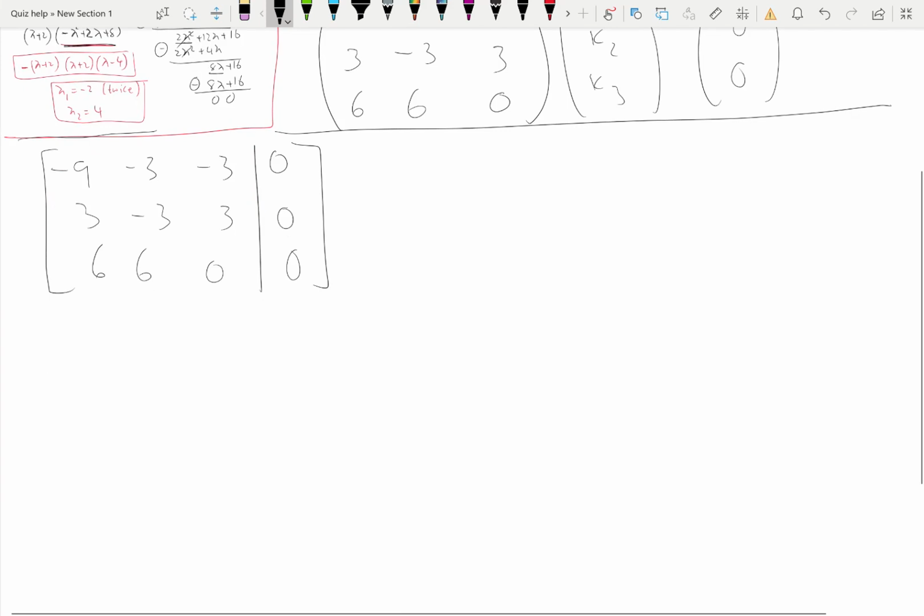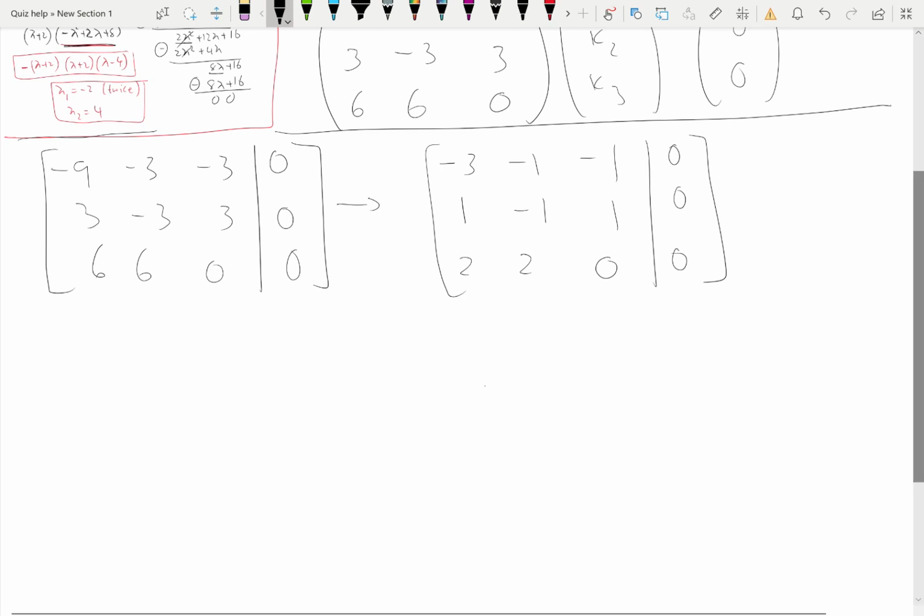If you further notice that all the numbers are multiples of 3, you can pull out a 3 from here. So let's divide the whole matrix by 3 just to make it simple. This will be -3, -1, -1, 1, -1, 1, 2, 2, 0. Right, 0 divided by 3 is 0. So this is a much simpler version of the same augmented matrix, and you can perfectly do that.